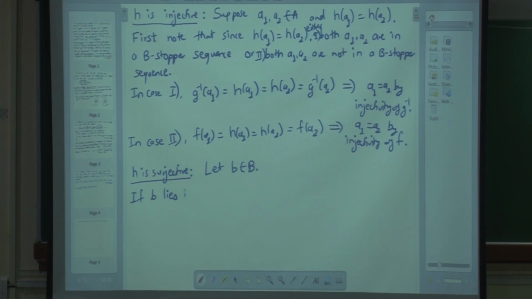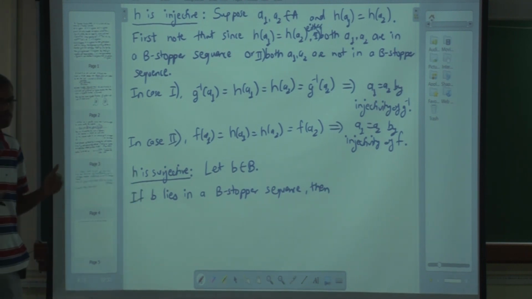If b lies in a B-stopper sequence, then what can we say? Whose image is this b? Obviously, g of g inverse of gb is equal to b.